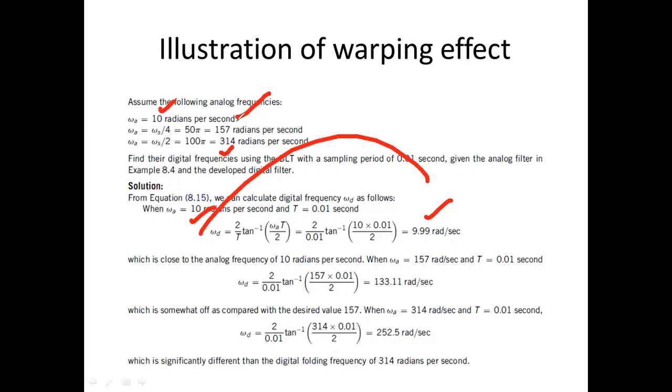When 157 radians were chosen, a bigger number, it was converted to 133. Worrisome, right? It's not the exact frequency. And when 314 was taken into consideration, it was converted into 252. This is the warping effect, not cool. And yes, we can tackle it.